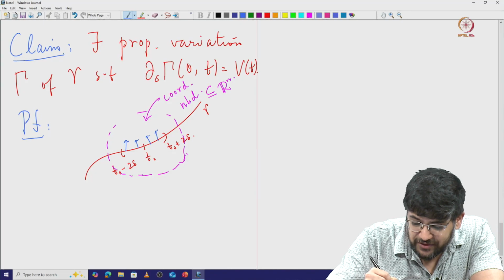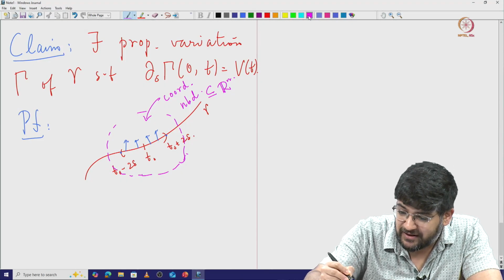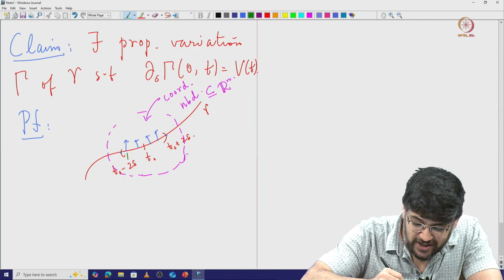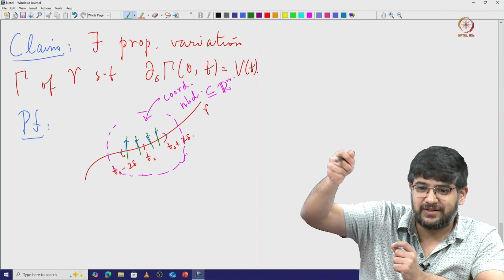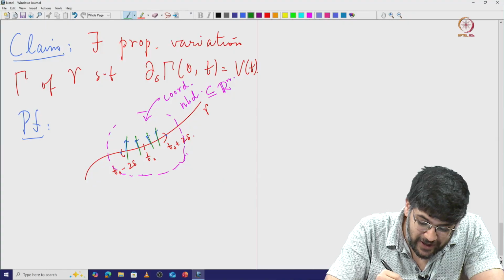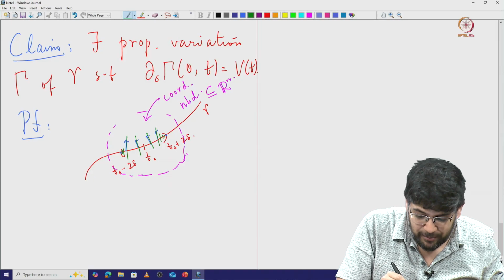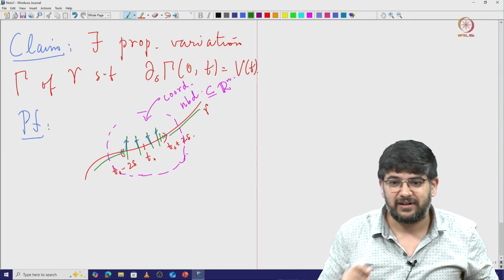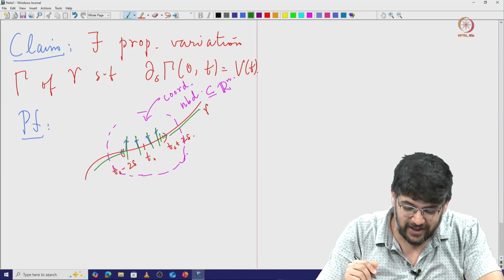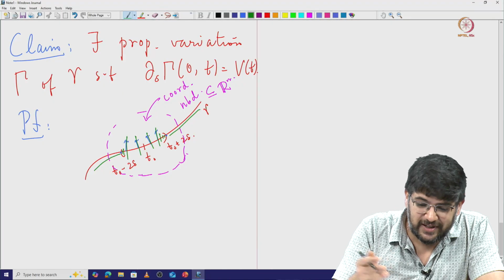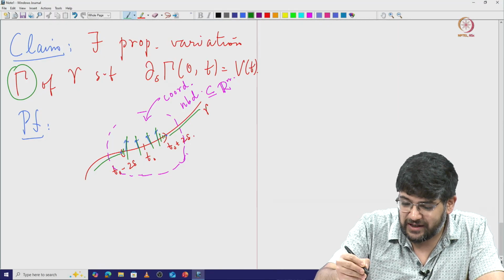To construct a variation which becomes 0 at these endpoints, you simply traverse this along this vector field in straight line paths, and these become shorter and shorter as you approach the boundary of the interval, and then beyond this interval you just keep gamma fixed. So you do not do anything outside the neighborhood. Okay, so this clearly helps you construct a variation capital Gamma whose variation vector field is given by V of t.